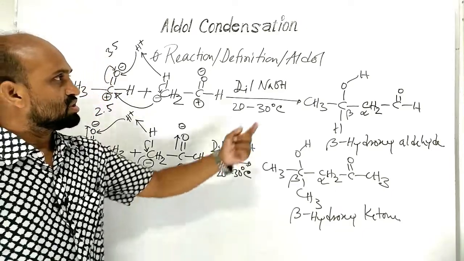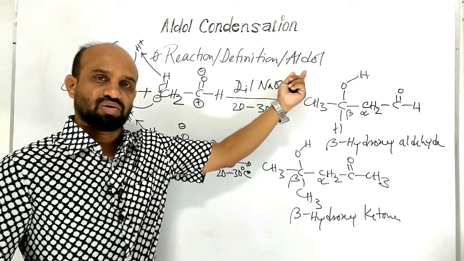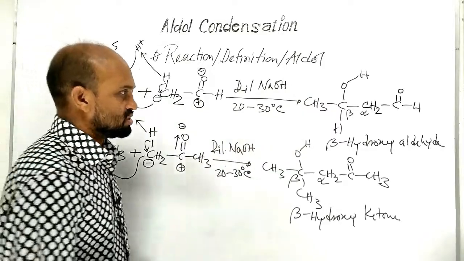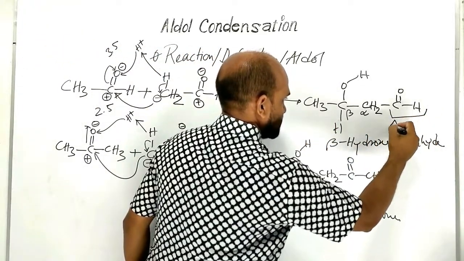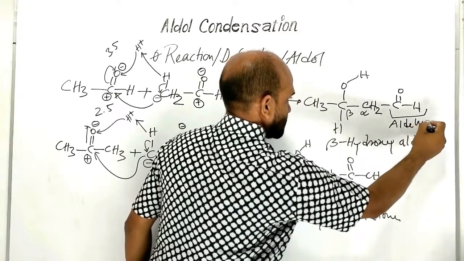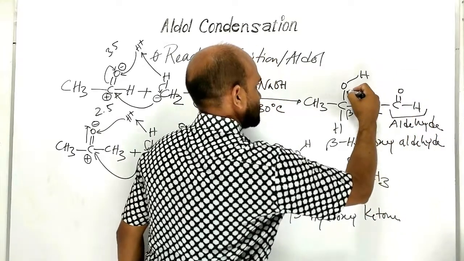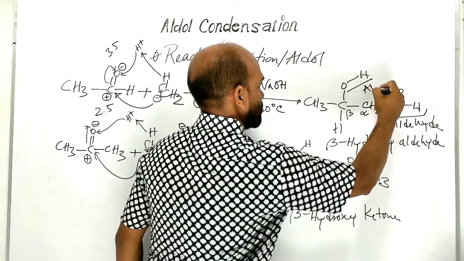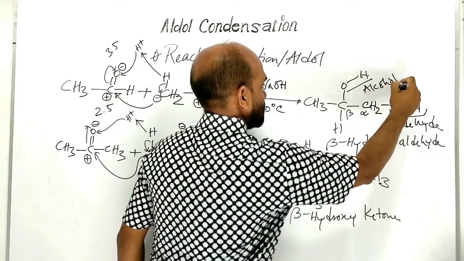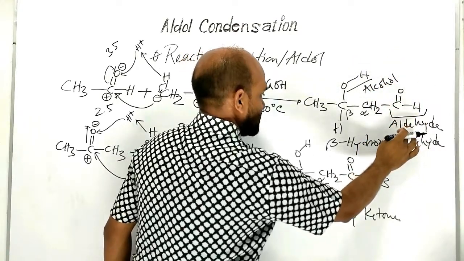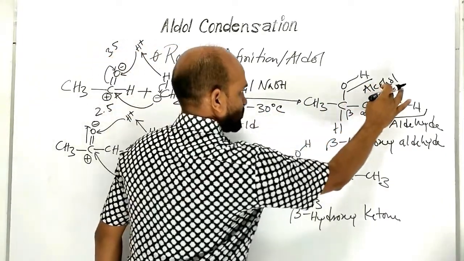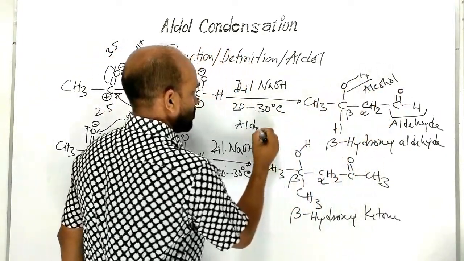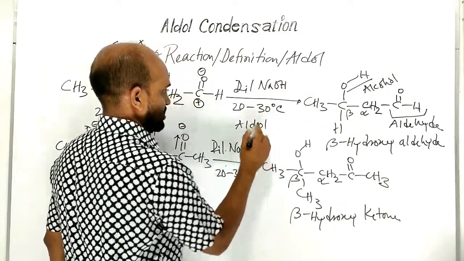Now let's see about the word aldol. Here this is the functional group of aldehyde and this is the functional group of alcohol. From the word aldehyde, ALD, and from the word alcohol, OL is taken.